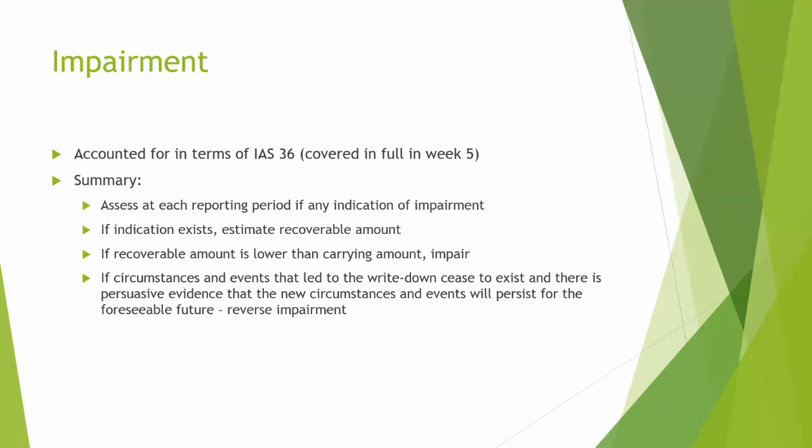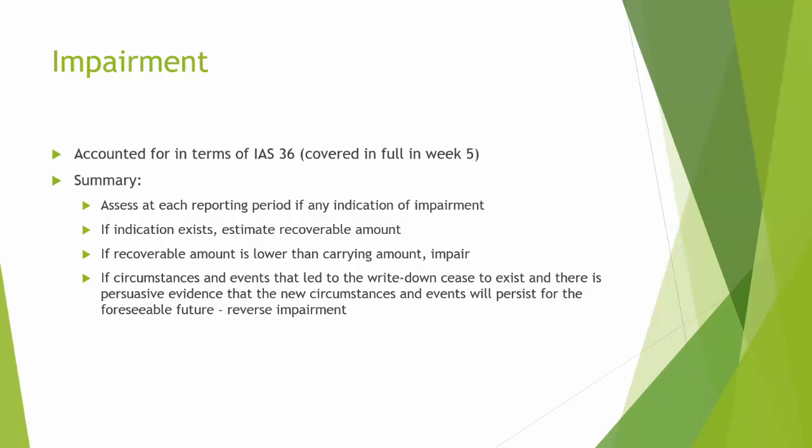If we find any indication, that's when we're going to estimate the recoverable amount. The recoverable amount is defined as the higher of your fair value less cost to sell and your value in use.